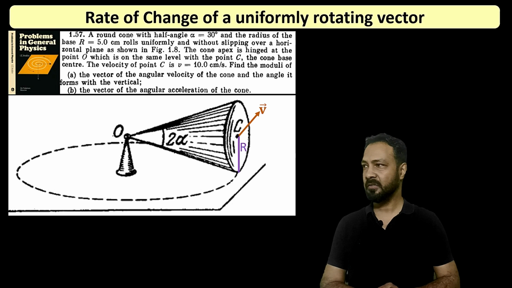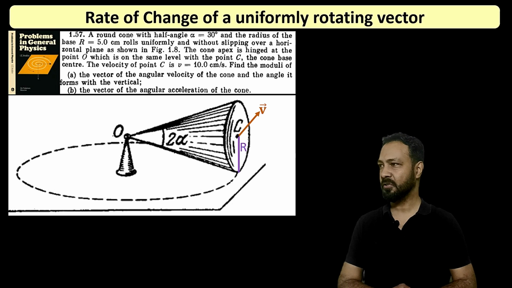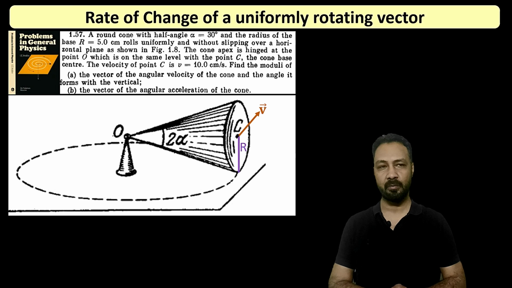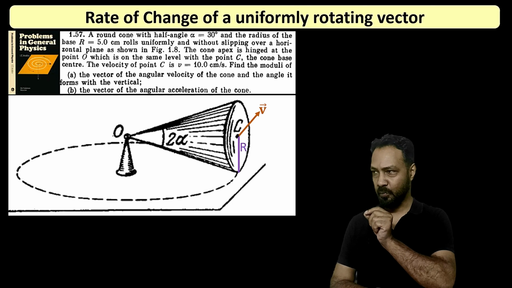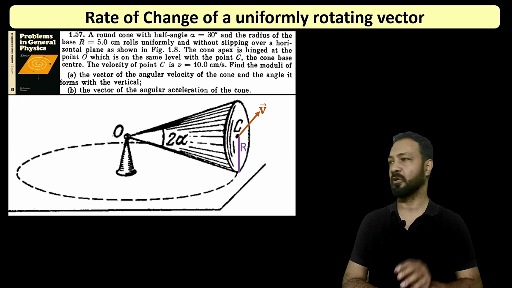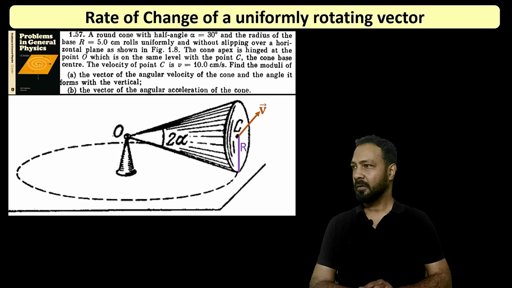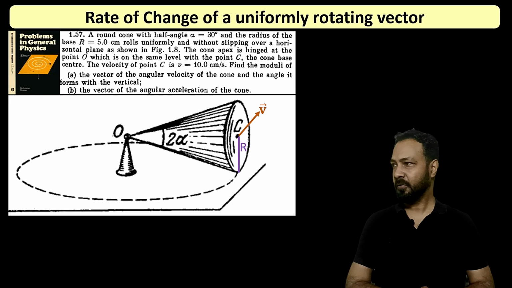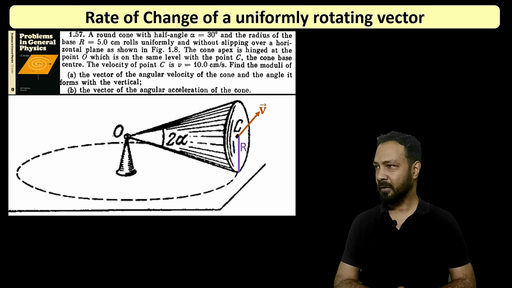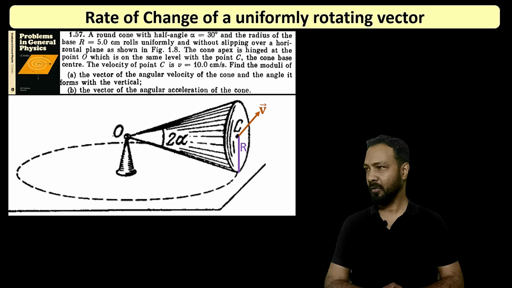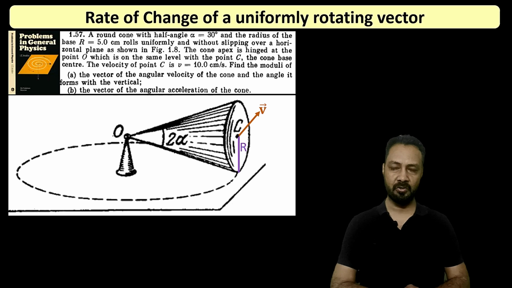The cone apex is hinged at the point O, which is on the same level as the point C, when the hinge point O and the center are on the same horizontal level. The velocity of point C is given as v, so we have to find the moduli of the vector of angular velocity of the cone and the angle it forms with the vertical, and the angular acceleration.